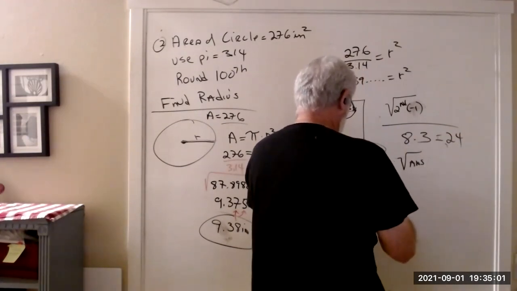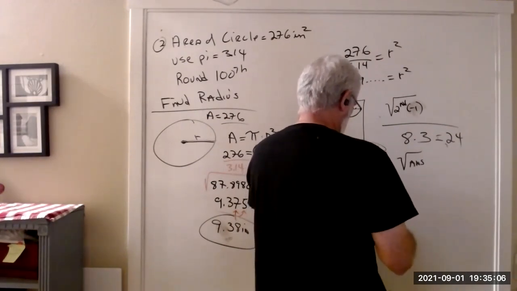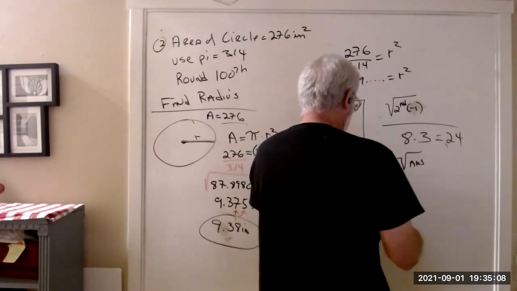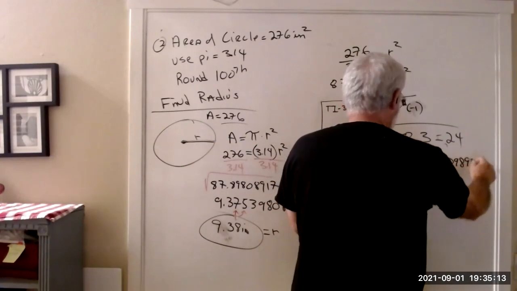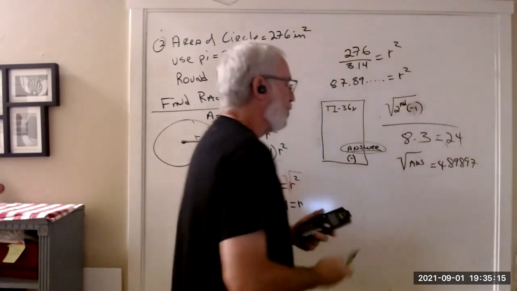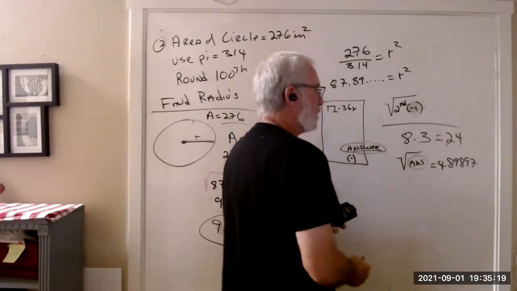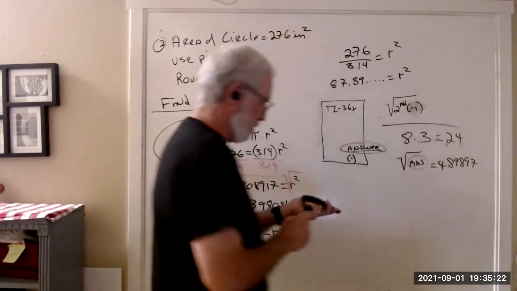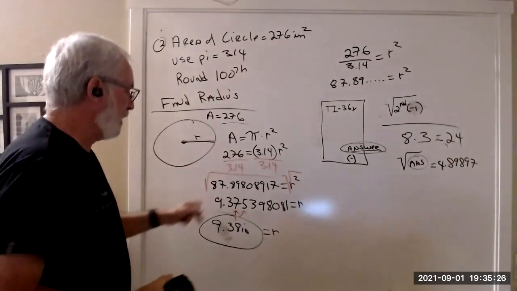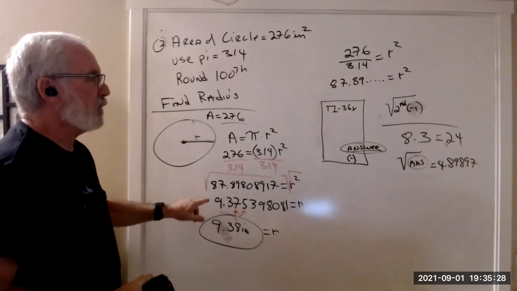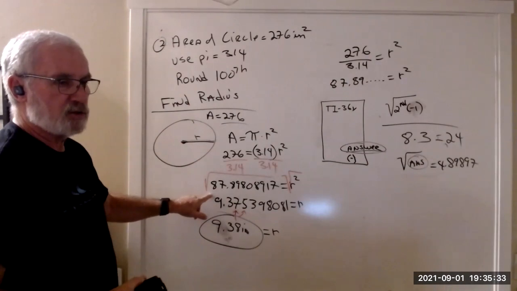Let's try it. 4.89, something or other. So you could test it out with smaller numbers that you can double check and make sure you're doing it right. But that's a really neat feature. Other scientific calculators have that, so you don't have to type in long, ugly decimals twice.